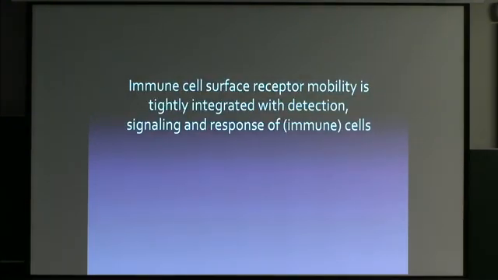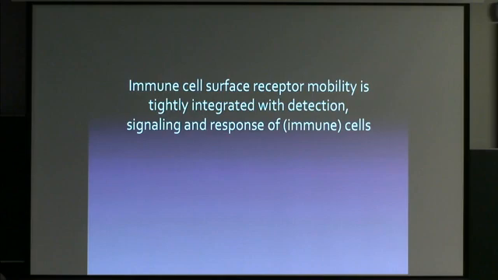Now, immune cell surface receptor mobility. Over the past 10 years, and I'll show a little bit of the data for this, the mobility and the spatial organization have been shown to be tightly integrated with the detection, the response, and the signaling. So this isn't just chemical kinetics.